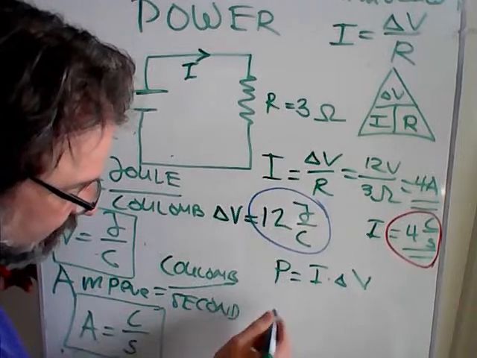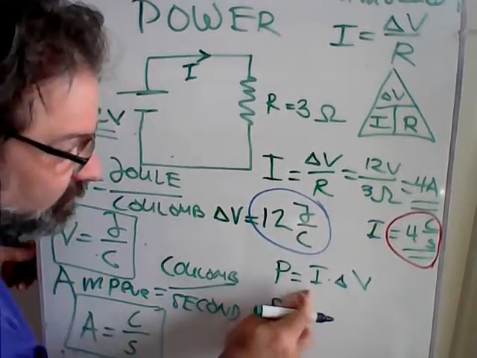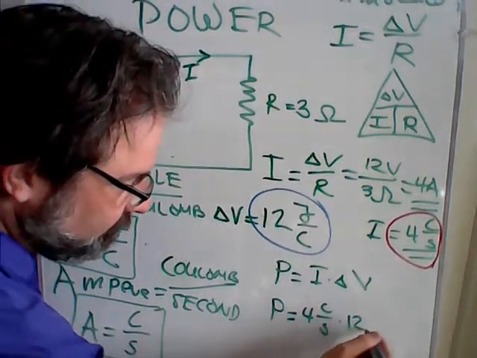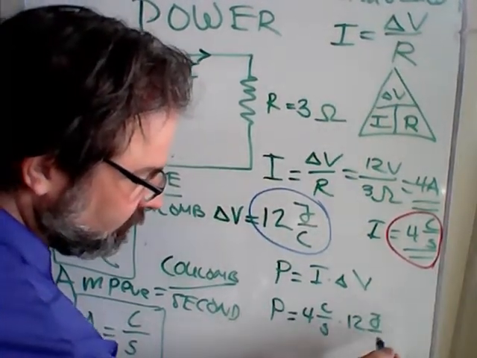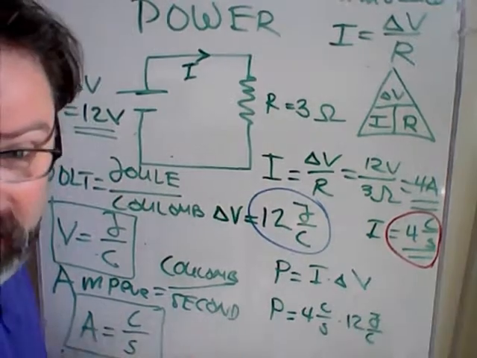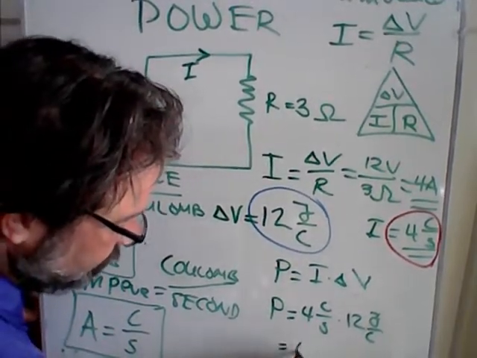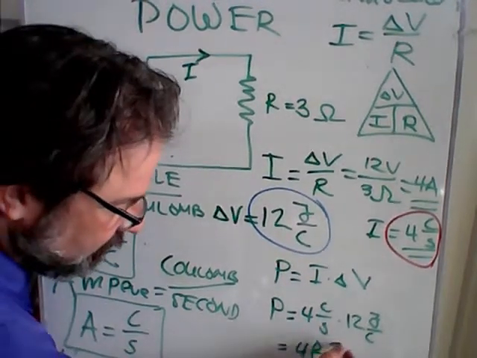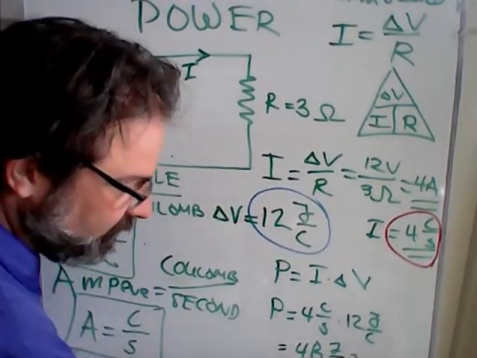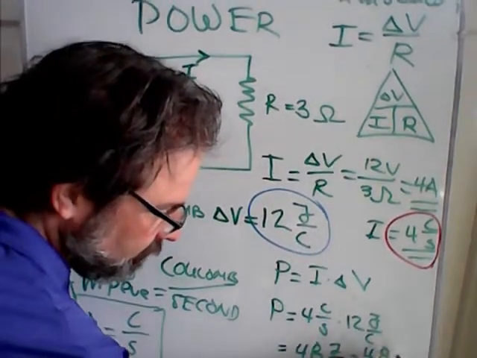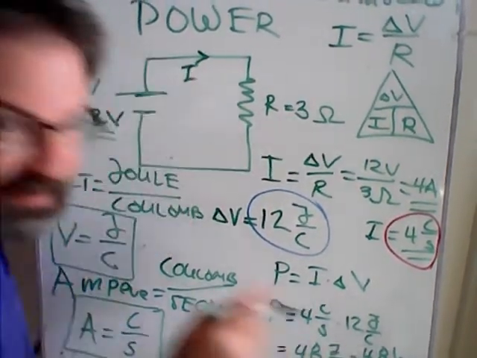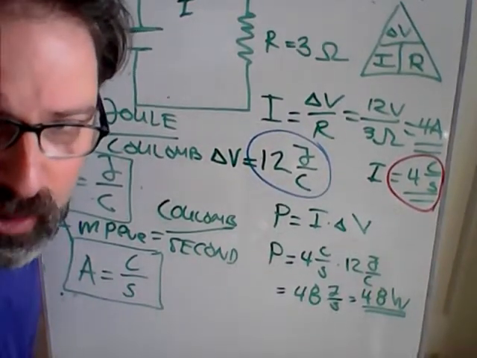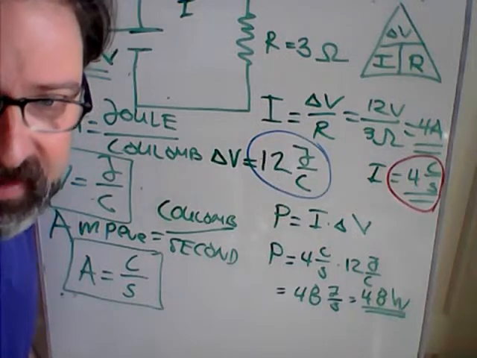So in our case, power is equal to 4 coulombs per second times 12 joules per coulomb. And that would be 48 joules per second. And we have another name for that. That is a watt. So we have 48 watts of power being delivered by this circuit.